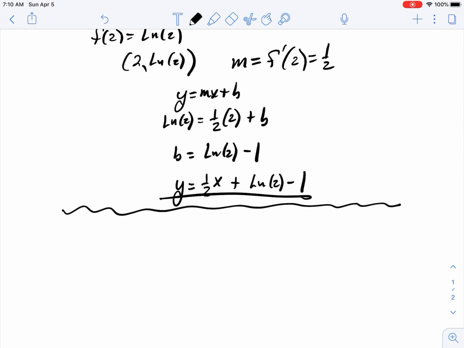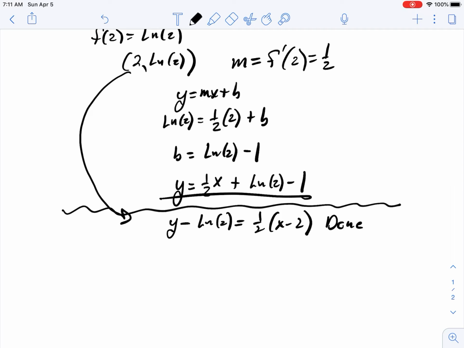Now, you can see that took quite a few steps here, but remember the question is just write an equation of a line. So instead of doing that, I could have just come back down here and used the point slope equation and just say y minus ln of 2 equals 1/2 times (x minus 2), and I'm done because I answered the question.